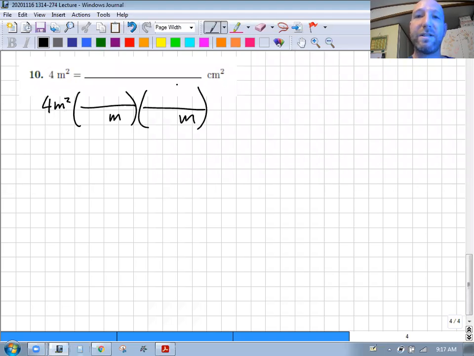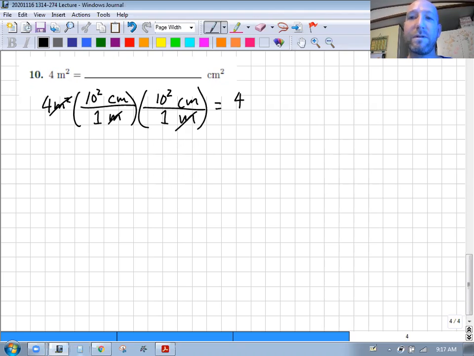We're changing it to centimeters, but it's squared, so we need centimeters twice. There's 10 squared centimeters per meter, so meters squared cancel. So we have a 4, it's 10 squared, 10 squared, centimeters squared, or 4 times 10 to the 4th.